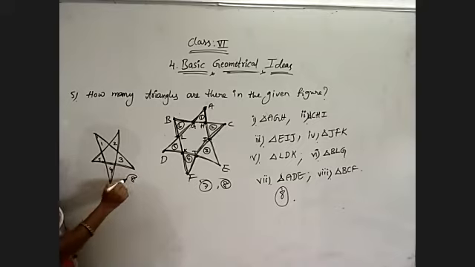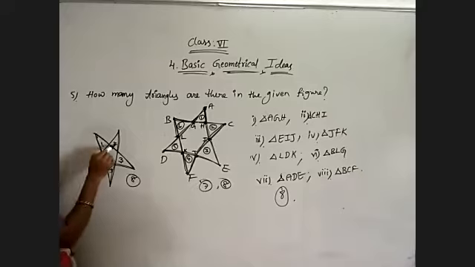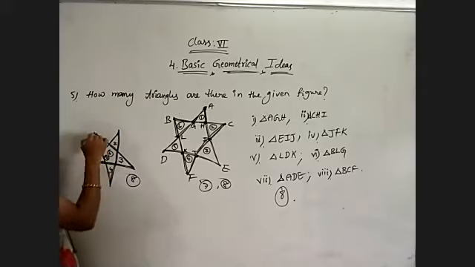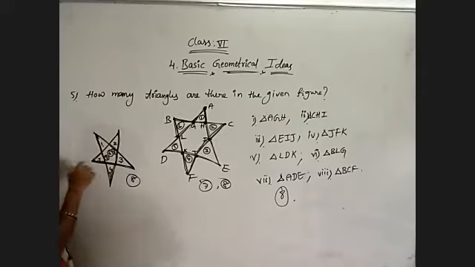Totally 8 triangles are there here also. 1, 2, 3, 4, 5. Okay, 1, 2, 3, 4, 5. This one, observe this one, 6. And this side, 7. And this one, 8. Total 8 triangles are there in this figure also.